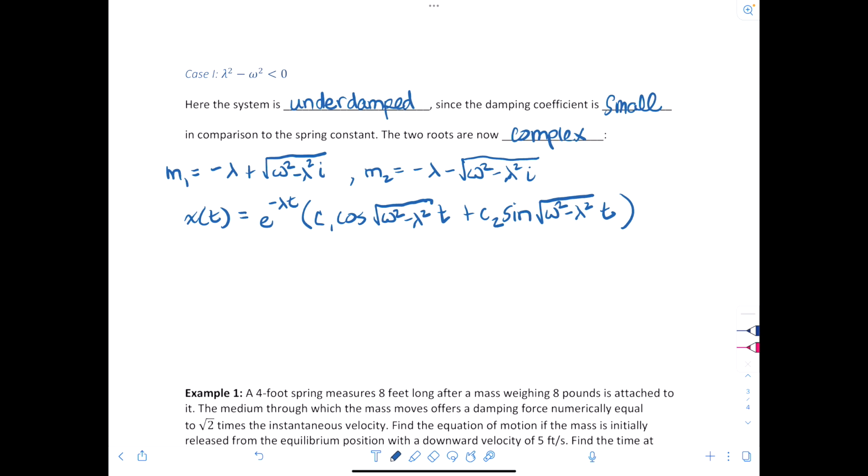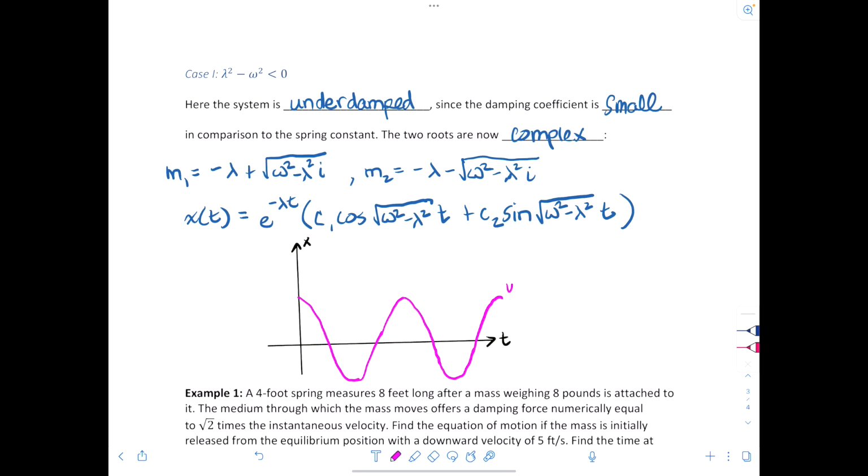What does this one look like? We'll have a comparison on this one. So here's our x-axis, and here's our time axis. And so an undamped system is periodic, right? So an undamped system might look something like this, right? And so this would be undamped.